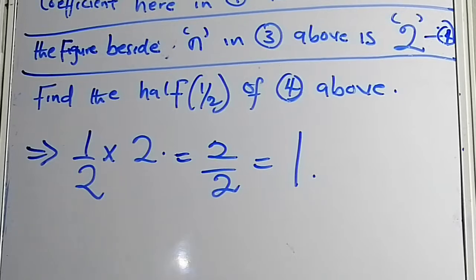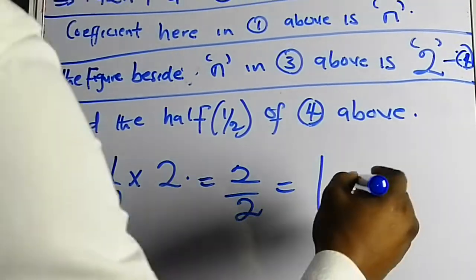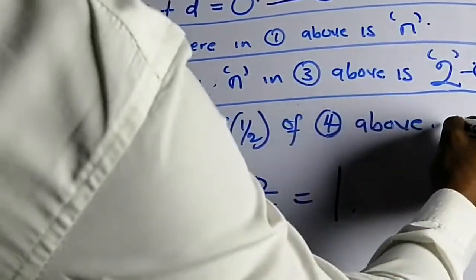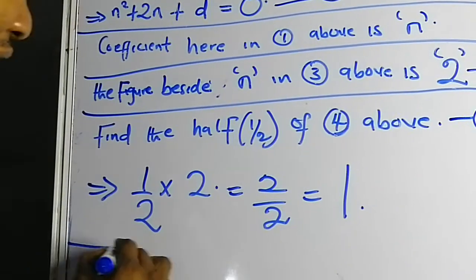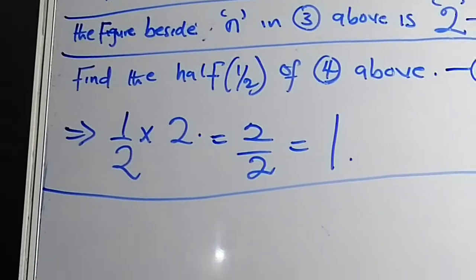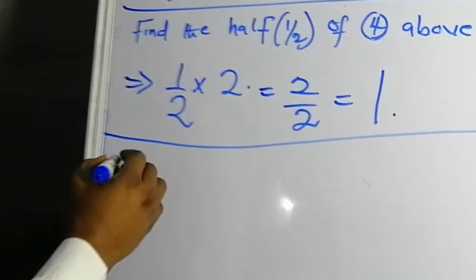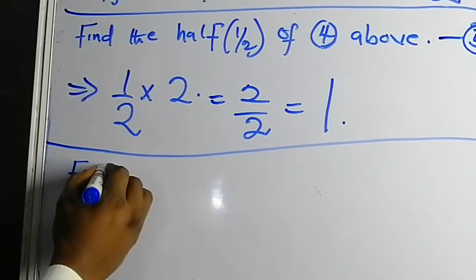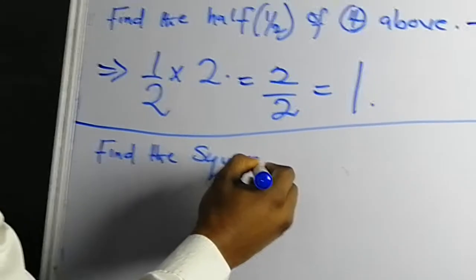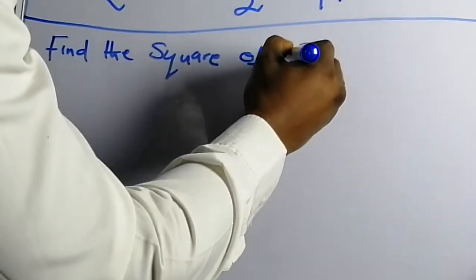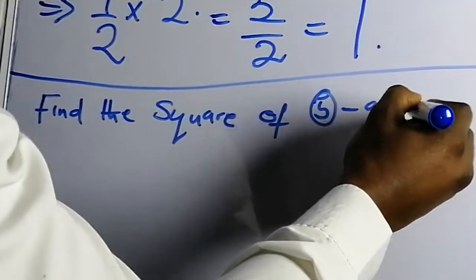Very clear. So after that, we can name this particular part as 5, because I want to make reference to it. The next thing is to find the square of 5 above.